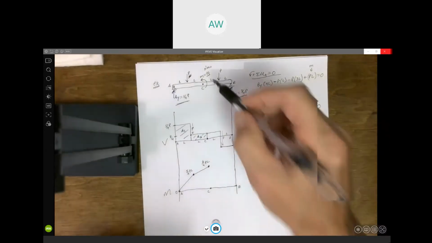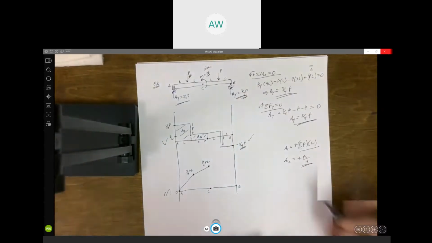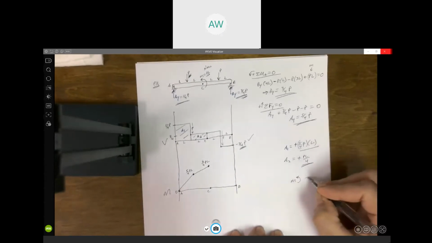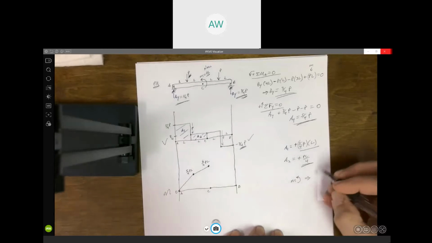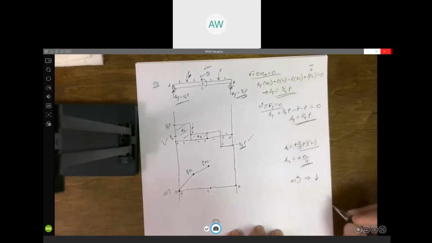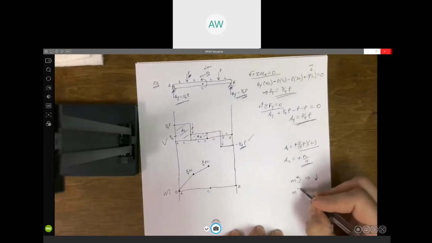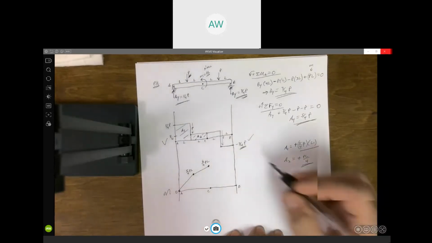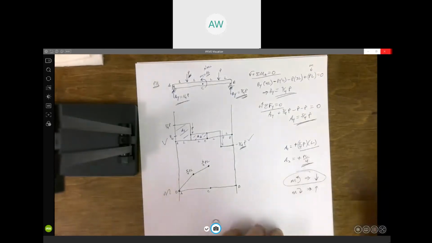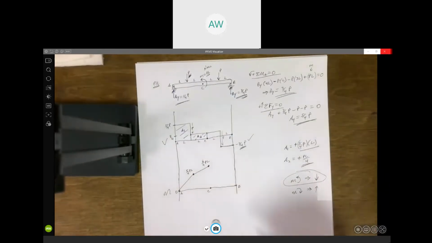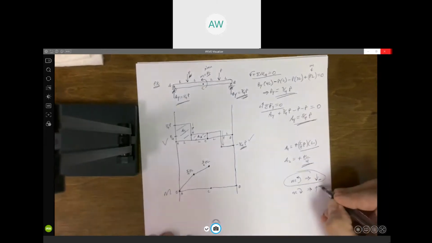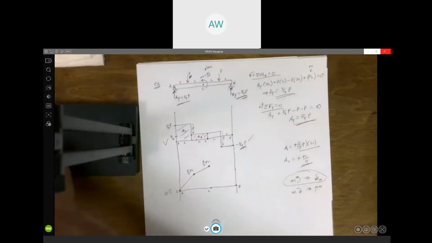Now here's where that concentrated moment comes in. Remember, if we had a moment that was counterclockwise, that means that our moment goes down. If our moment is clockwise, we go up. But for this problem, it's counterclockwise, so we're going to go down whatever that moment is. If it was clockwise, we'd go up whatever that moment is.